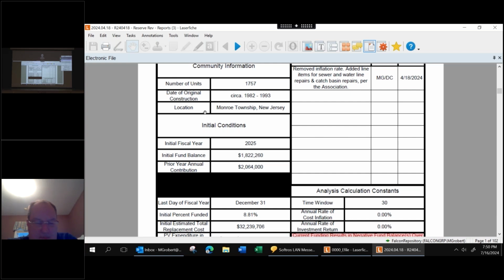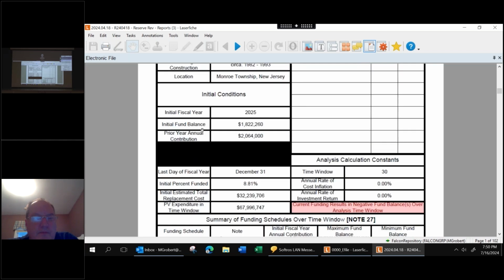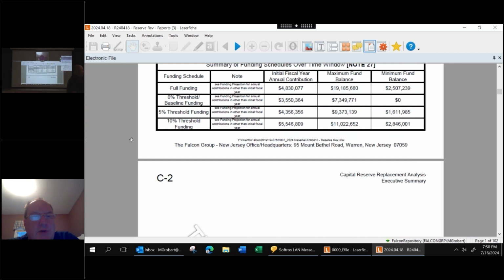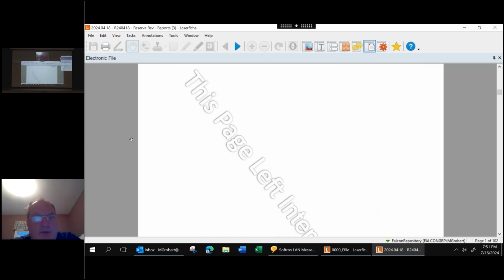I'm not sure how that applies to this study, but, yeah, a reserve study is a snapshot in time. And the other thing that you should understand as a community is that it's not written in stone. Your board's going to have to make decisions based on what your actual reserve balance is versus what your needs are and so forth, whether it's with respect to roofs or roads and how those are scheduled.